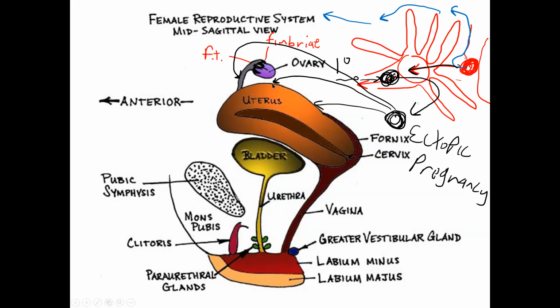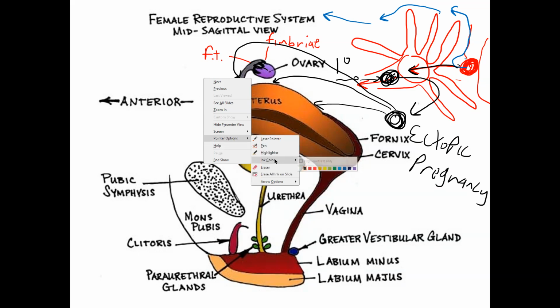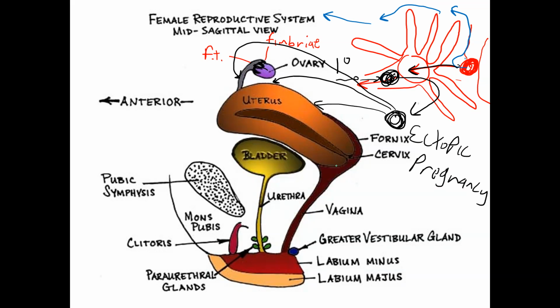Now, assuming no ectopic pregnancy occurred, the egg, of course, travels down the fallopian tubes, and eventually that egg enters the uterus. The uterus is a very muscular organ, and it is, of course, the site of implantation.